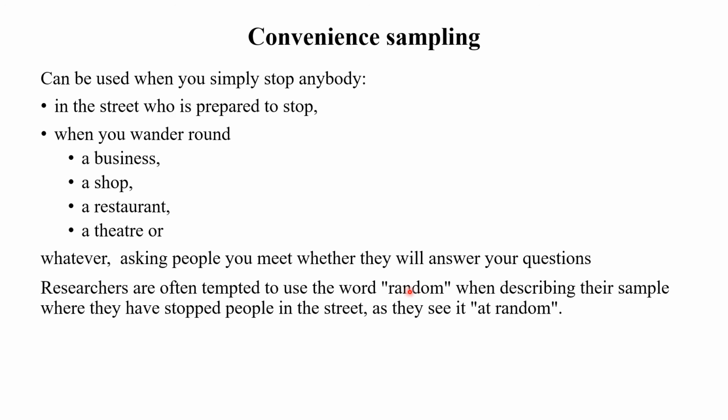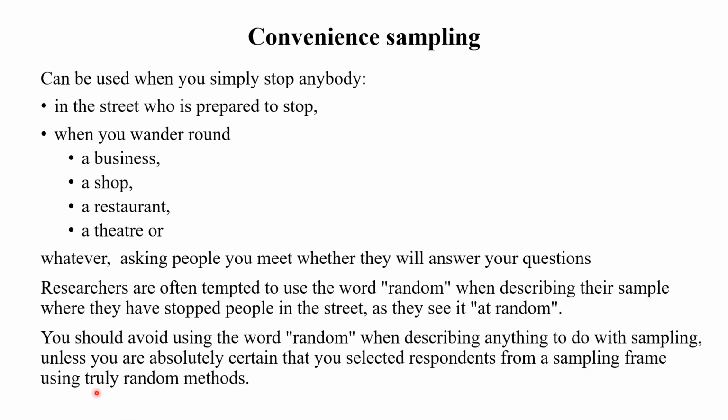Nobody has. So don't use the word random when you are doing non-probability sampling like convenience sampling. You describe how the sample is taken, but never use the word random, right? Should avoid using the word random, as I mentioned just now. Don't use the word random.